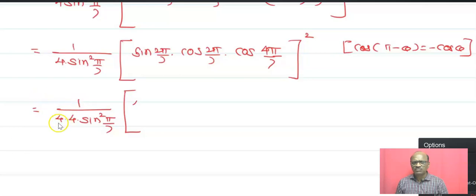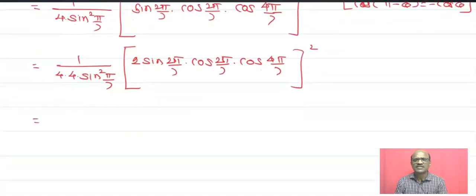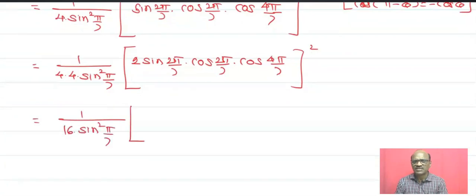There is 1 upon 4 into 4 sine square pi by 7. Now here for these two, we will adjust here 2. That is 2 sine of 2 pi by 7 into cos of 2 pi by 7, into cos of 4 pi by 7 bracket square. And this is nothing but 1 upon 16 sine square pi by 7. That is again, here is sine of 4 pi by 7.